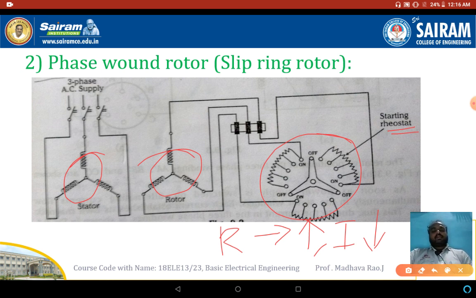Here we have slip rings. Once the rotor is rotating at synchronous speed, the slip rings disconnect from the starting rheostat. Now this slip ring rotor works like a squirrel cage rotor, right? So this is about the constructional features of the three-phase induction motor. Okay, thank you.